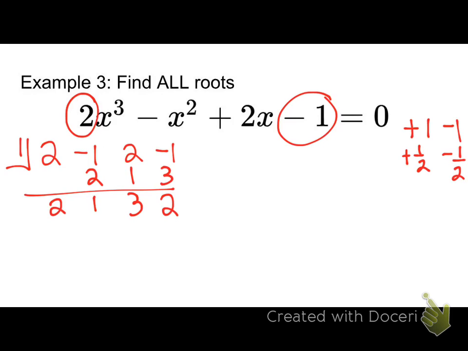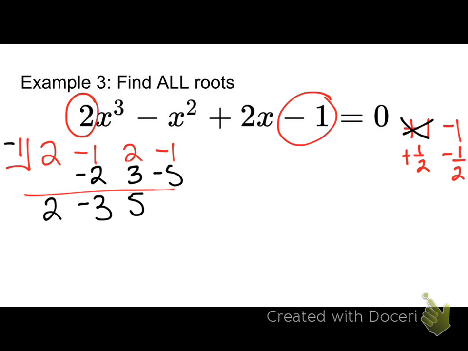Does this one work? No. Okay, so I'm going to cross it off my list. That one doesn't work. What do we want to try next? Okay, we could try -1 next. So we drop the 2, we multiply, we add them together, we multiply, we add them together, we multiply, we add. Does this one work? No.